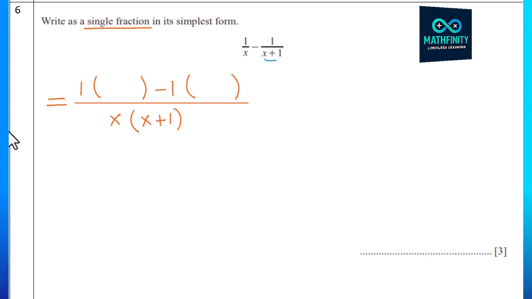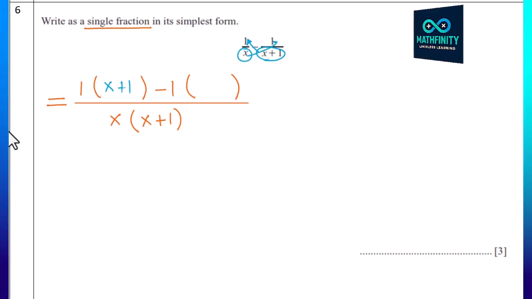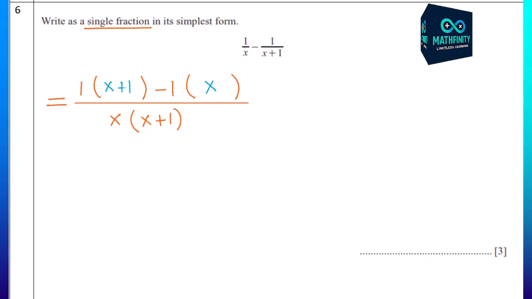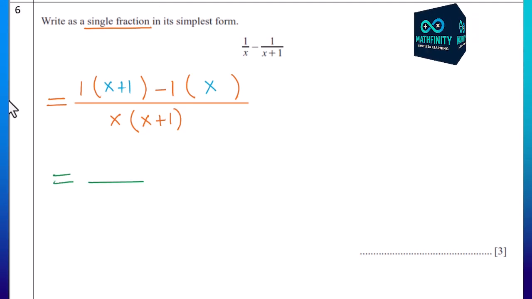Now do the cross. This x plus 1, you can bring it here. And in this bracket, you have to write x plus 1. And this x, you have to bring it like this one. After this, you have to multiply, but only in the numerator. As I told you, no need to multiply the denominator because this is not the requirement.